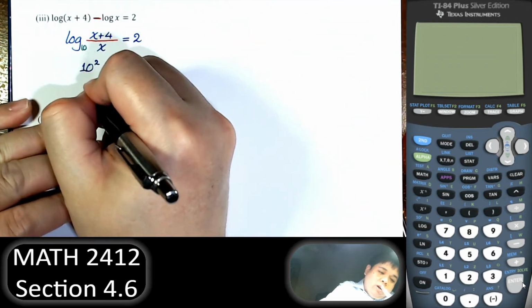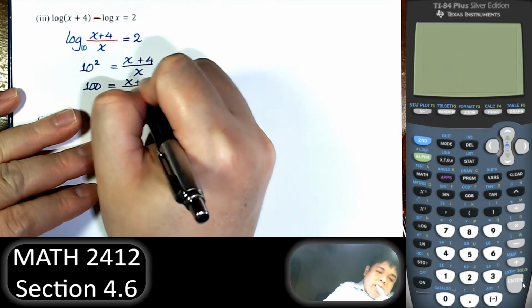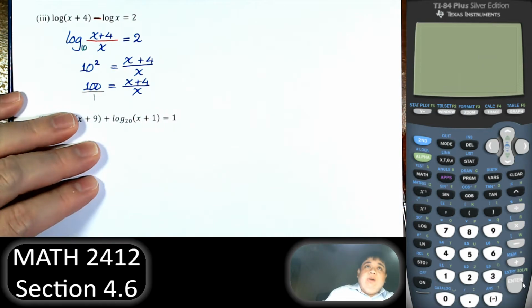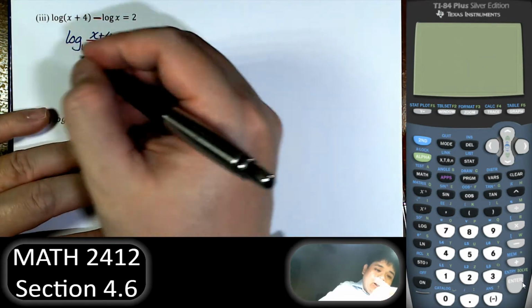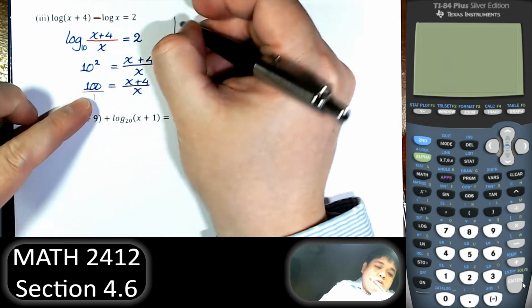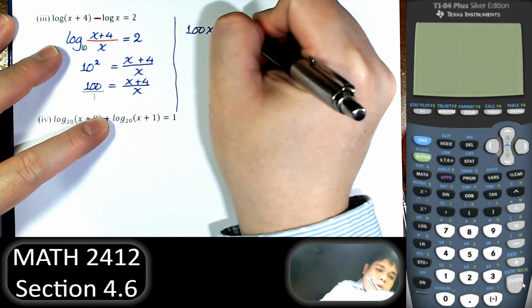Now we have 100 equal to x plus 4 over x over 1. Then we cross multiply. Cross multiply, we have 100x equal to x plus 4.